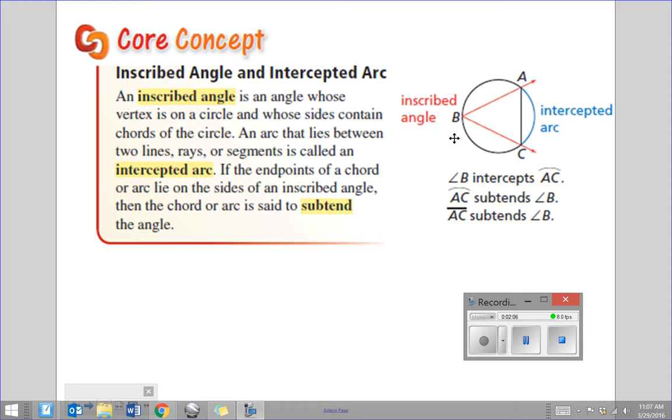Okay, I would for sure get that diagram down. It shows and demonstrates exactly what's happening. So these should be a segment, a ray, or a line. It doesn't matter. It just has to go through the circle at the other part to make this the intercepted arc.